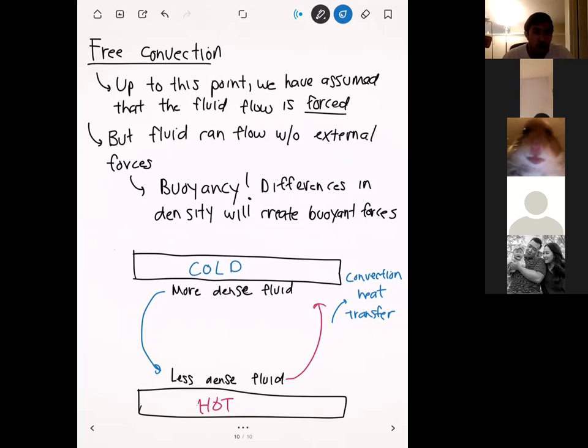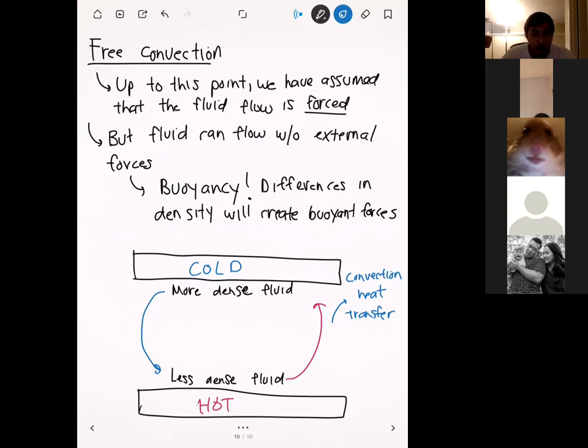For a lot of engineering systems, they use free convection so they don't have to buy such a heavy pump, because free convection will naturally cool or heat up a surface. It's a clever thing to keep in mind when you're designing, usually for really big industrial applications.